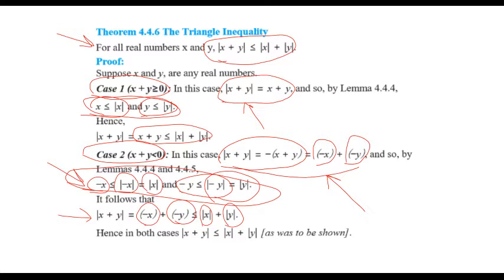We are done with the proof because we reach what we were looking for. So in both cases, we reach the inequality that is called the triangular inequality. So we are done with the proof.